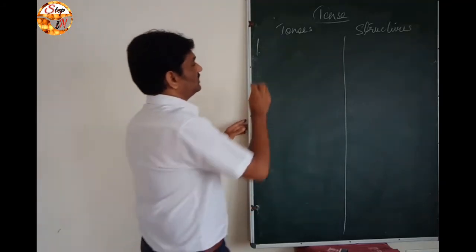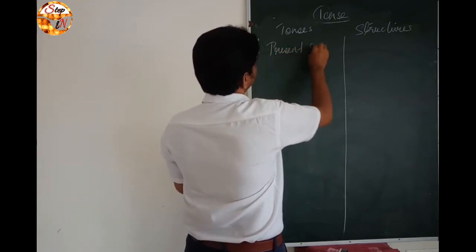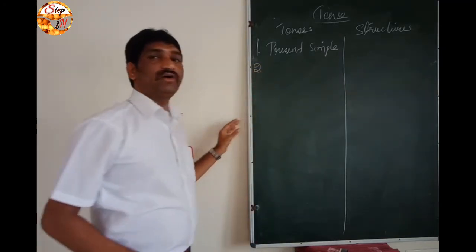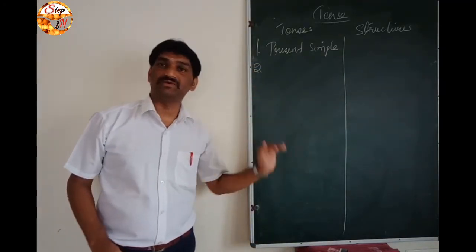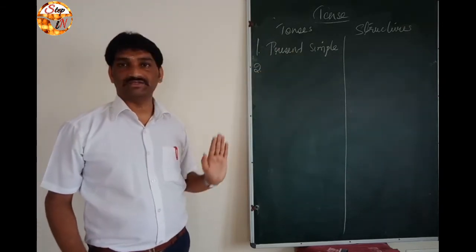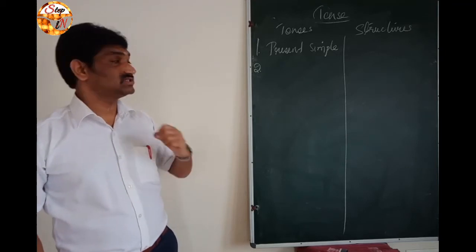The first we can see is present simple. Instead of going for present continuous, present perfect continuous, we will go with the other tenses of the same aspect, which will be very easy for you to remember the structures.